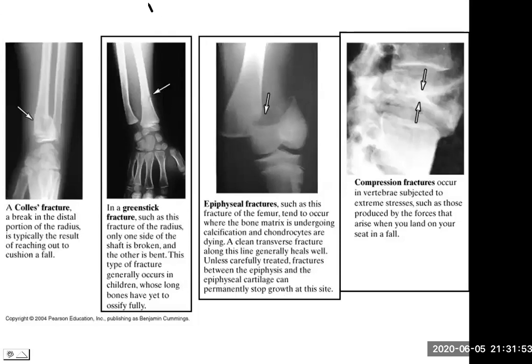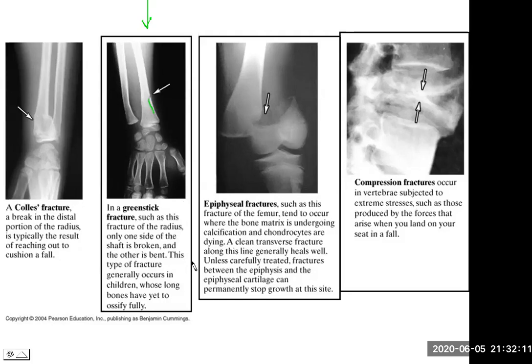Green stick fracture, again, we're only focused on the ones in the box. It results ultimately with this small superficial crack. The underlying reason behind this is more common in young children. And young children have more flexible, softer bones.